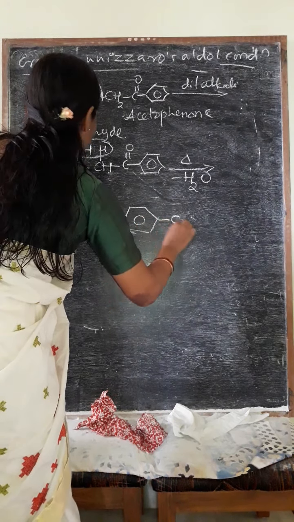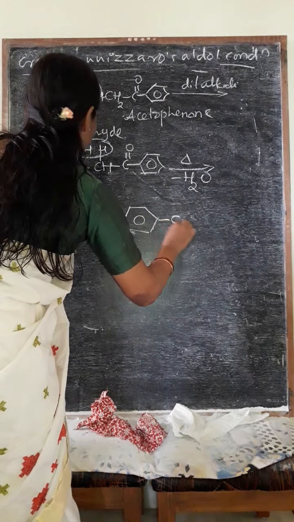After the proton is lost, these electrons form a bond here. CH=CH, next C=O, and the remaining is the benzene ring. This type of product is called a cross aldol condensation product.